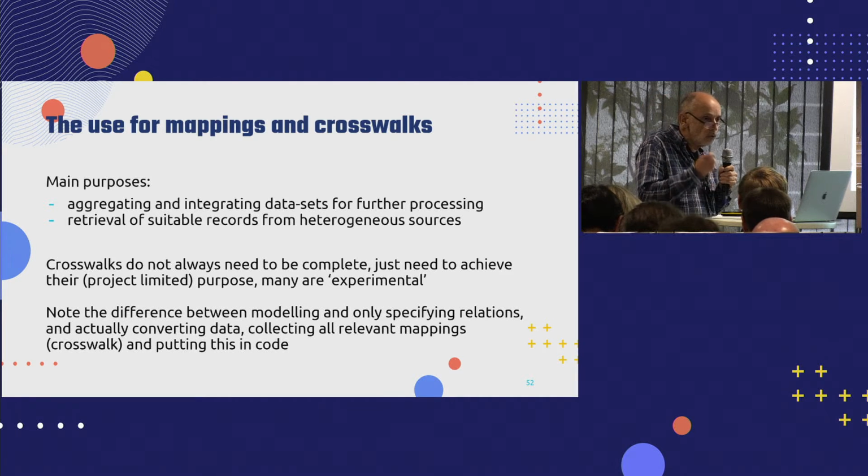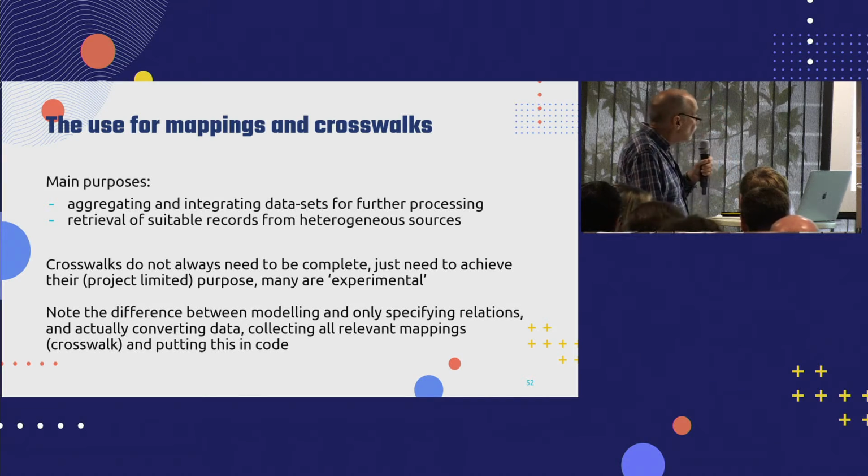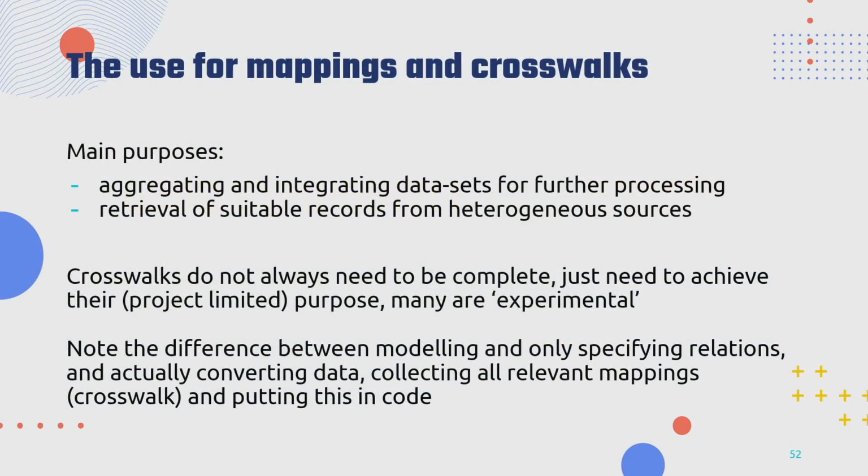This will allow you to keep using your own terminology and find what you actually need. So crosswalks also do not always need to be complete, they just need to achieve their maybe project limited purpose. And many researchers use experimental mappings, so things that are just interesting for their project at that particular moment.